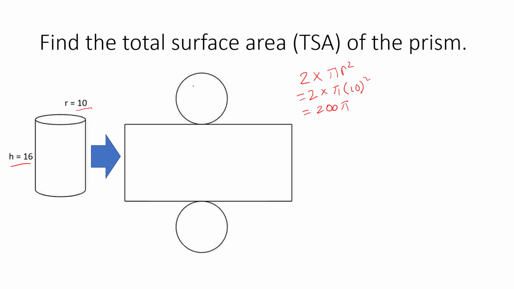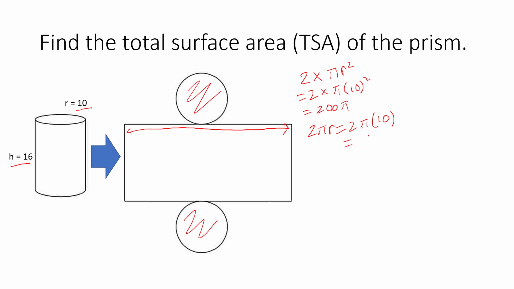Okay, so this one is done. Let's find the area of the rectangle. Actually, the only thing you need to find is the perimeter of the base, which is the circumference. So the formula for circumference is 2 pi r, and it will be 2 times pi multiplied by the radius, which is 10.